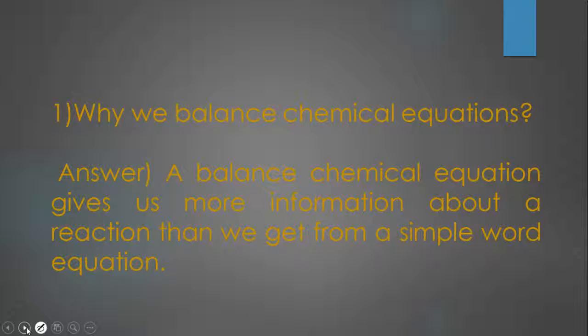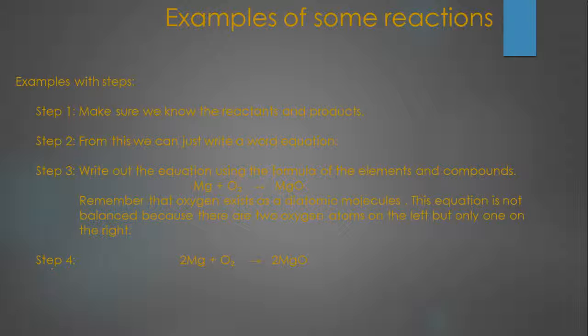A balanced chemical equation gives us the proper information about any reaction which is happening or going to happen. The example of a reaction is magnesium reacting with oxygen.